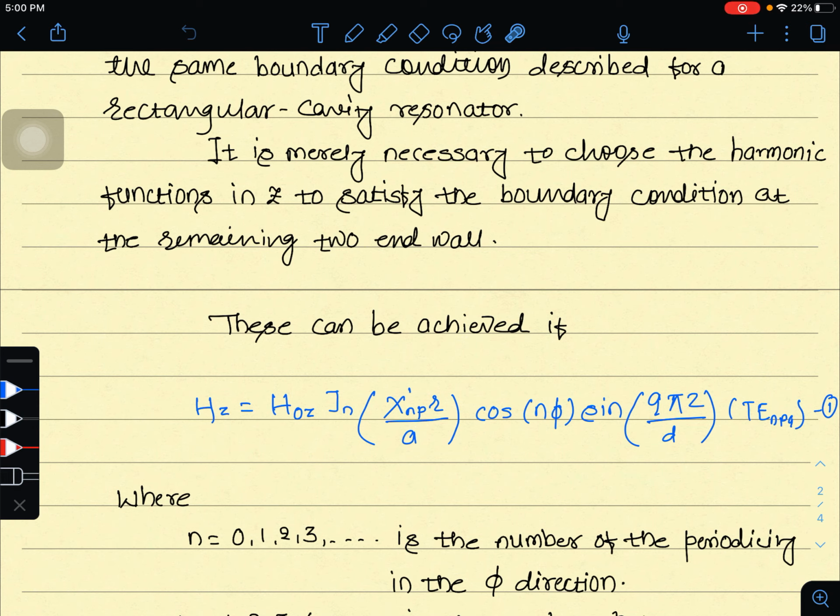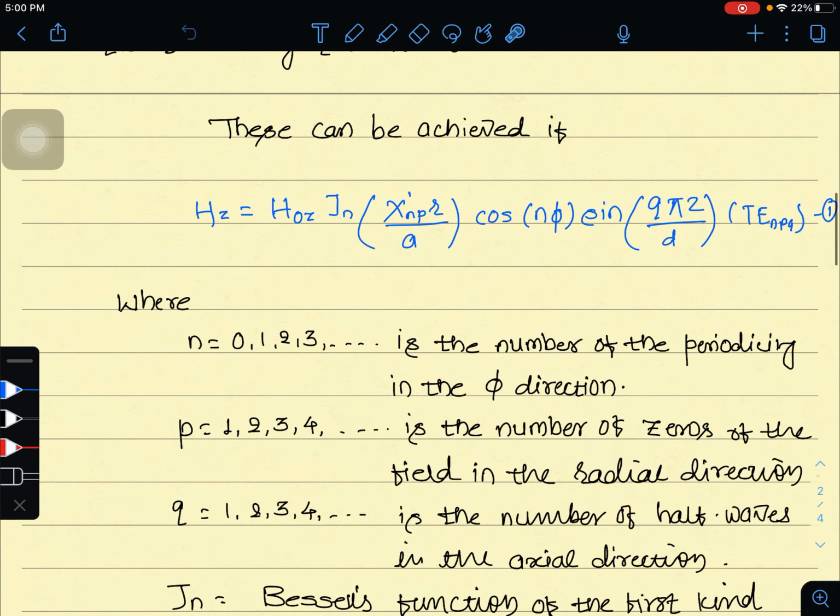What is q? The value of q is 1, 2, 3, 4, and so on, and it is also the number of half waves in the axial direction.